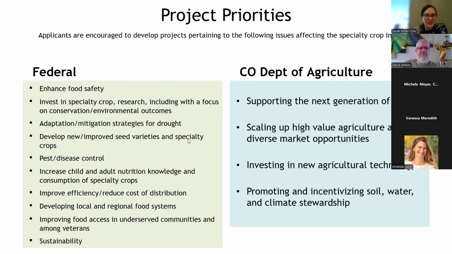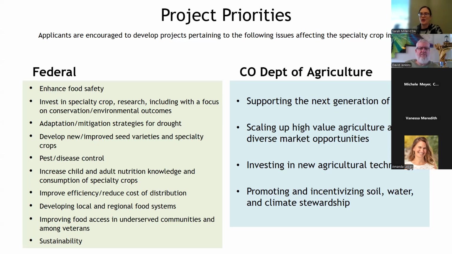Enhancing food safety, investing in specialty crop research, including a focus on conservation, environmental outcomes, adaptation, mitigation strategies for drought, developing new improved seed varieties and specialty crops, pest and disease control, increasing child and adult nutrition knowledge and consumption of specialty crops, improving efficiency and reducing costs of distribution, developing local and regional food systems, improving food access and sustainability.